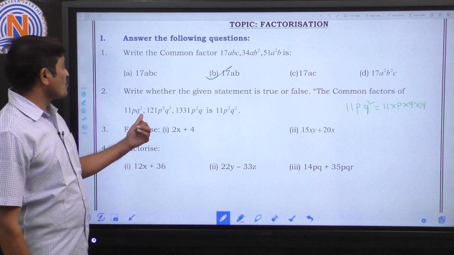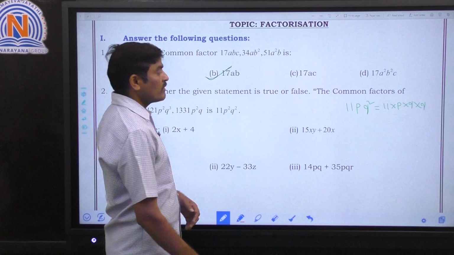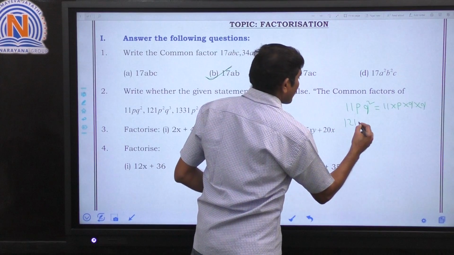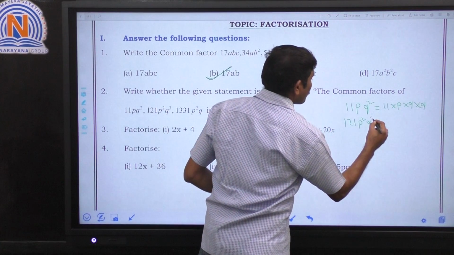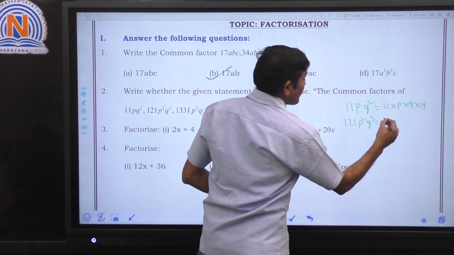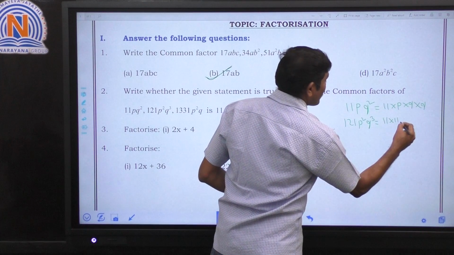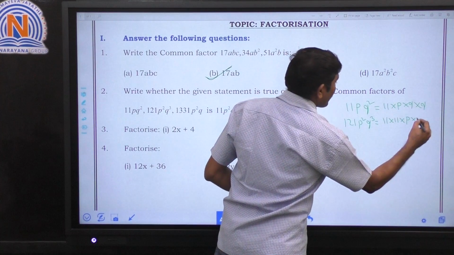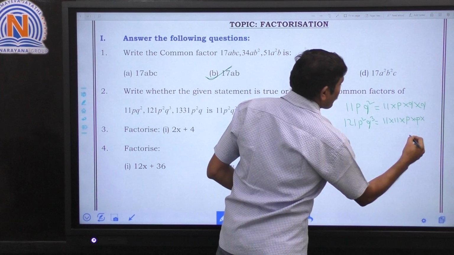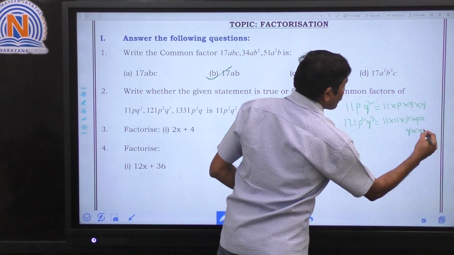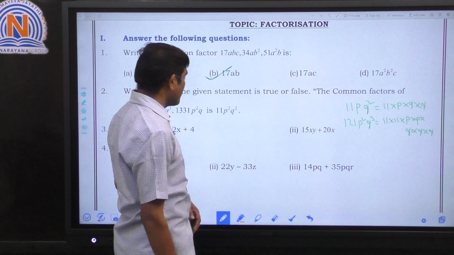The second one is 121p square q cube. This one I can write as 11 into 11 into p into p into q into q into q, q repeated 3 times.